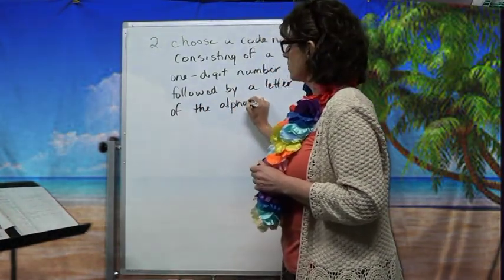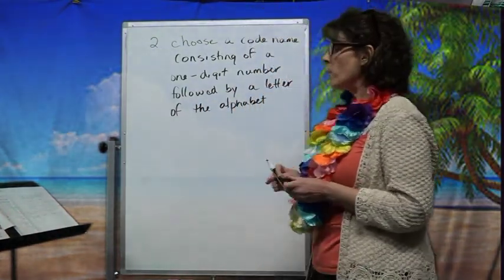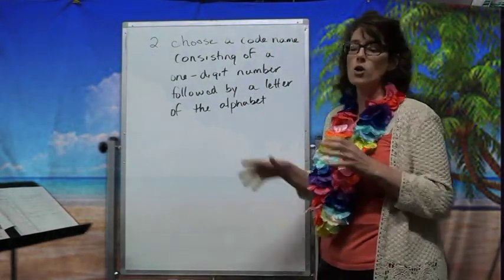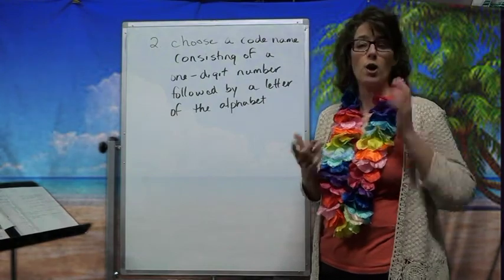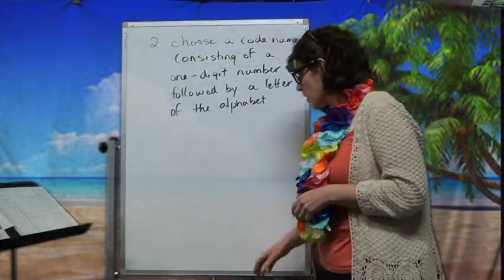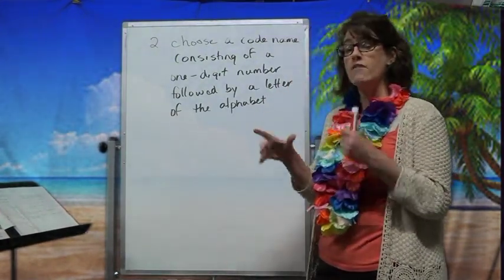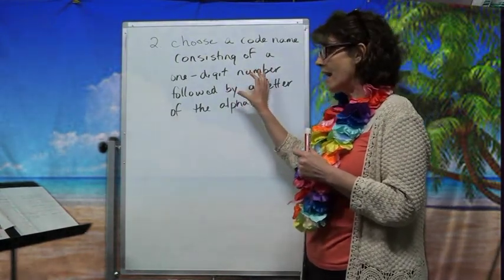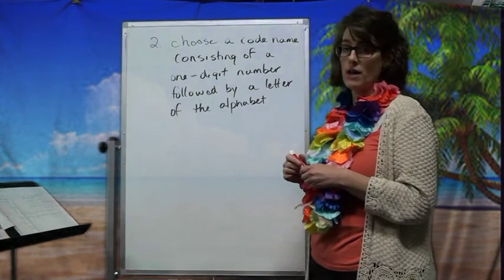And I have the same directions here. What I want to do is figure out, not so much list all the arrangements, but I just want to know how many combinations could I possibly make. So in this code, I've got 2 slots to fill because I'm going to have a 1-digit number, and after that 1-digit number, I'm going to have a letter of the alphabet.